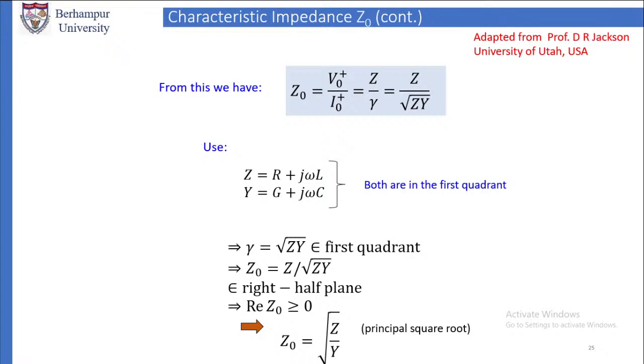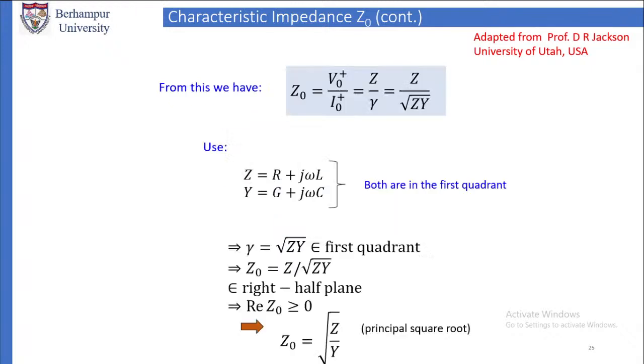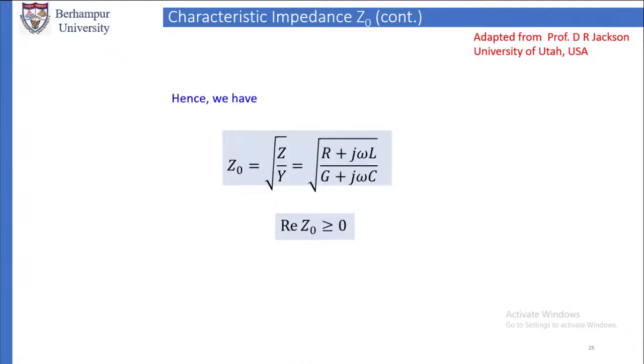So using this value for Z and Y, next page. If you give the value for Z and Y, then Z0 is equal to root over of Z by Y. That will be root over of R plus j omega L by G plus j omega C. And the real part of Z0 is greater than 0.